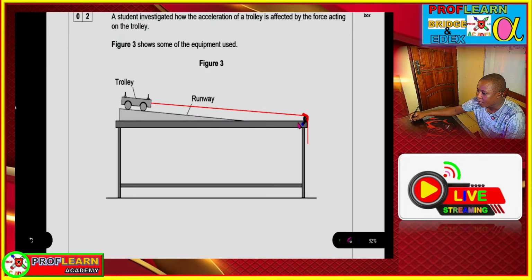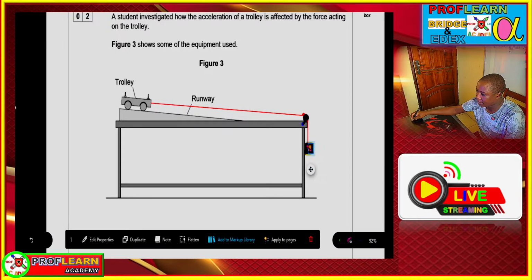Yeah, so then we're going to hang different masses on this other end here. So we are going to hang different masses here. Of course, we keep on adding the mass, or increasing the mass, under this particular section. Yeah, you shall add a mass there.